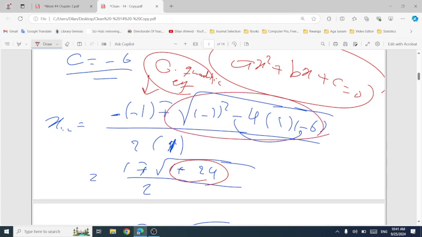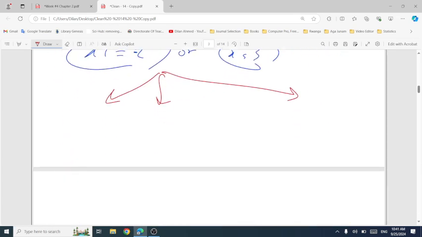Maybe you will get two distinct real solutions, like x equal to minus 2, x equal to 3. That we solved. You saw that one, right? Maybe you'll get one duplicated solution. Maybe you'll get repeated.